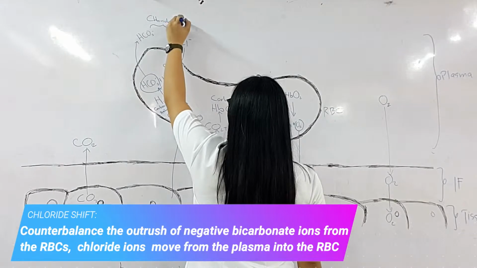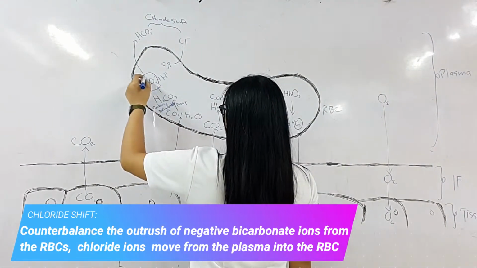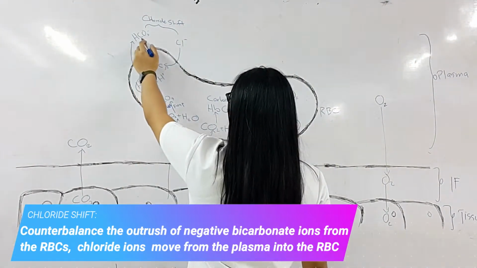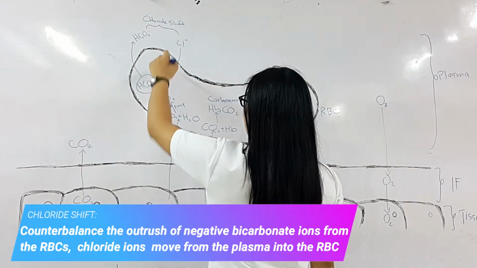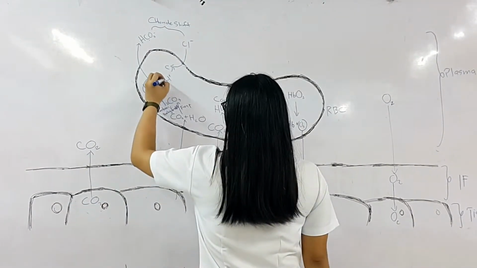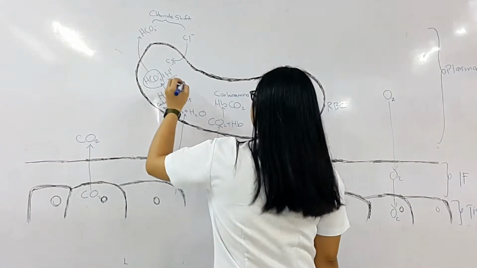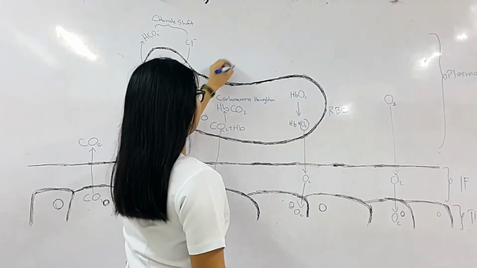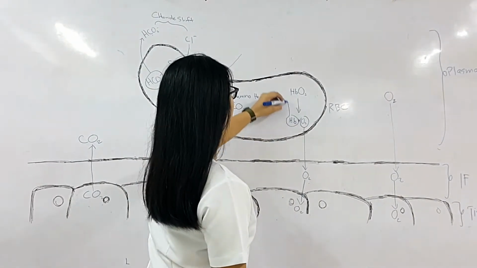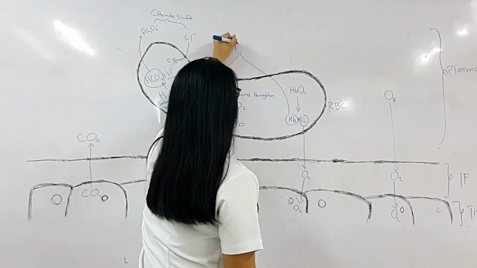It counterbalances the outrush of the bicarbonate and the entrance of the chloride ion. The hydrogen that supplies the bicarbonate will react with the hemoglobin and will form hydrogen-bound hemoglobin.